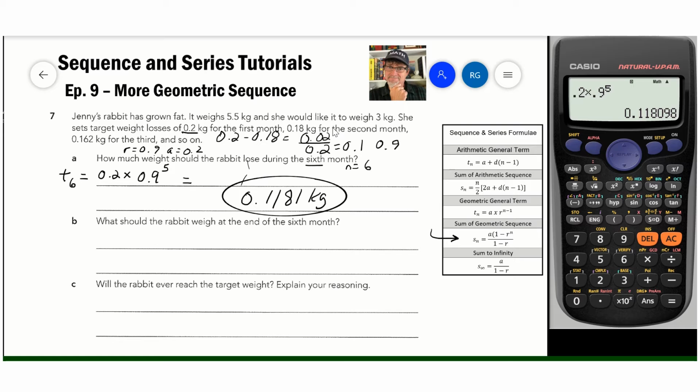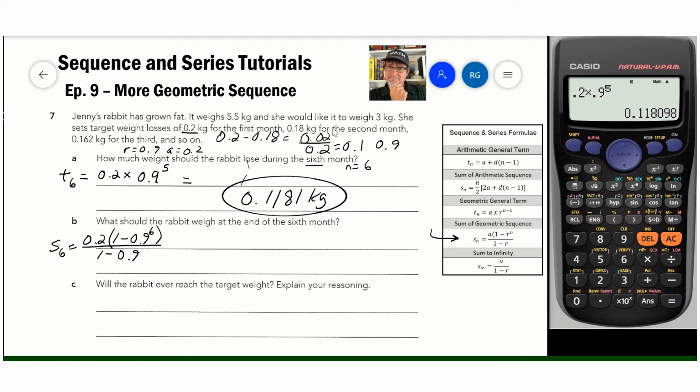So sum through 6 months, we start with a, 0.2, and then we got a parentheses, 1 minus r, which is 0.9, and that's raised to the n power, and here n is 6. And that's all over 1 minus r, so that's 1 minus 0.9.